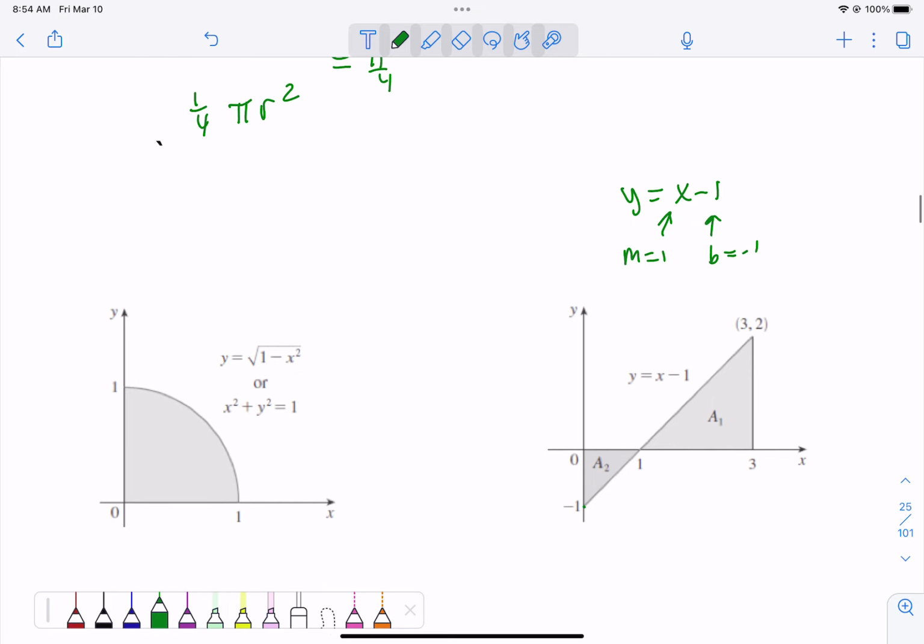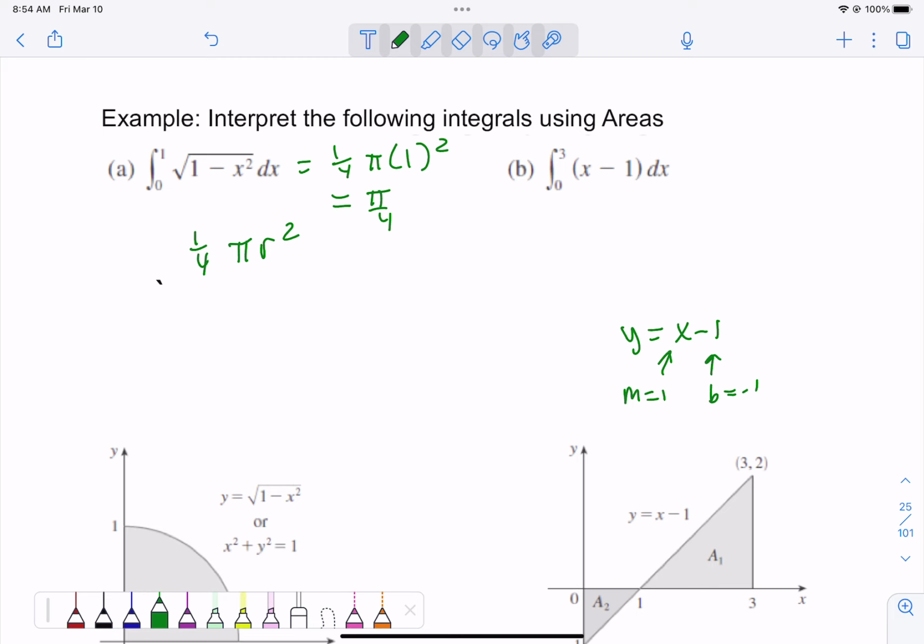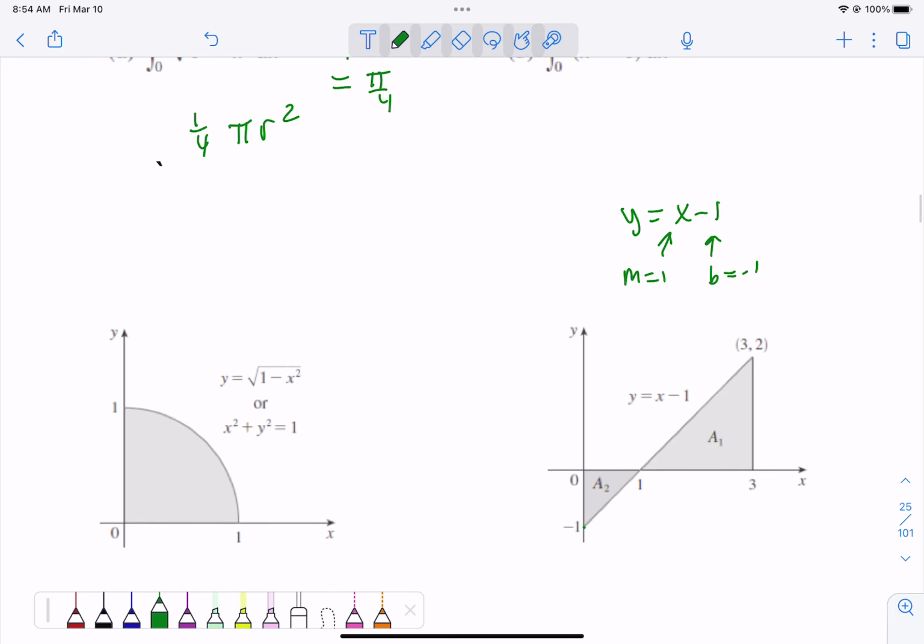So you just have to start it at 0 and stop it at 3 because our bounds of integration are 0 to 3. So our lower bound 0, if you plug in 0, you get -1. It has a y-intercept of -1. Then you're going to go up 1 over 1, up 1 over 1, and you're going to get that line.